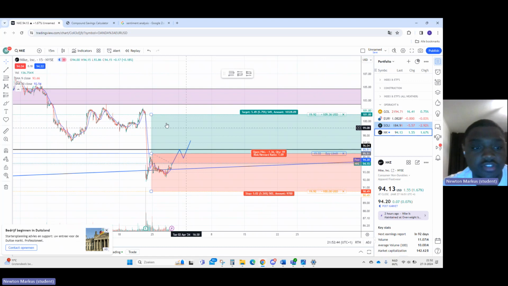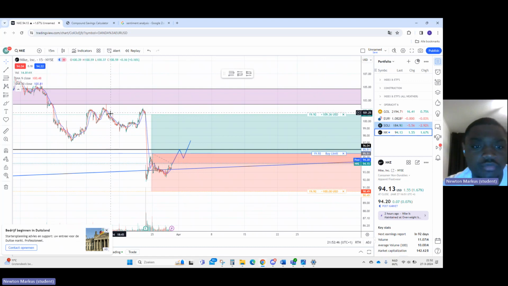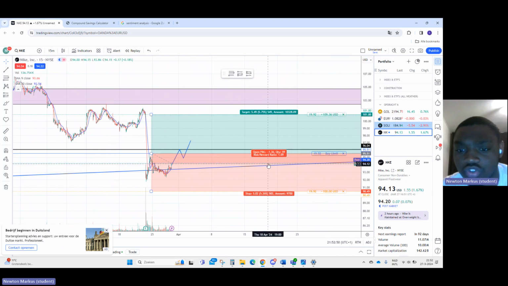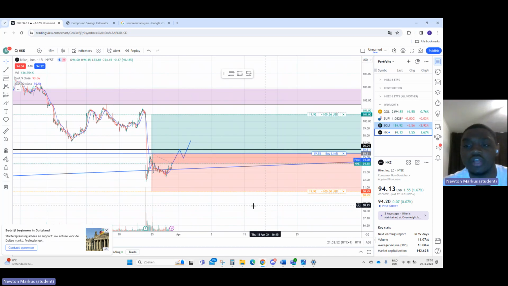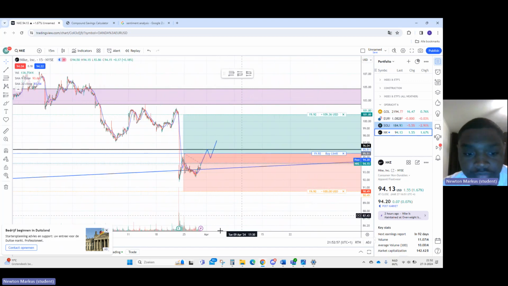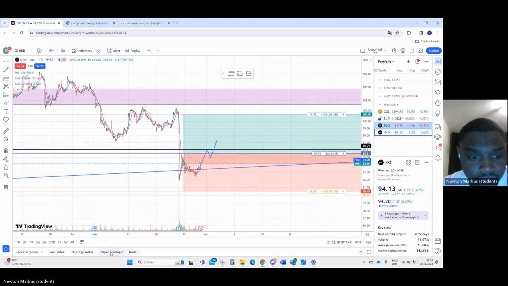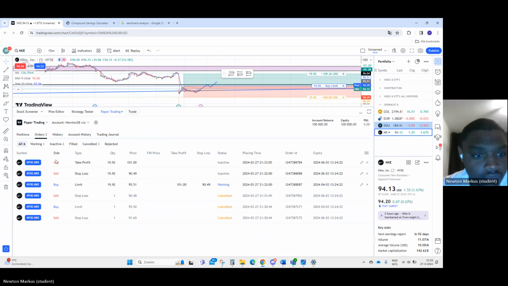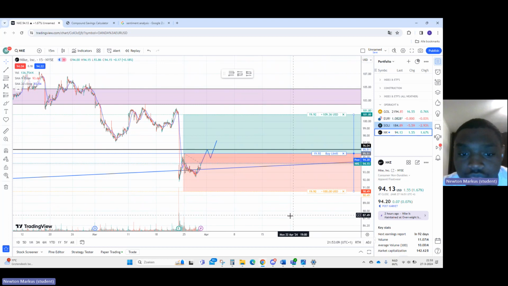And my take profit level is below the previous structure, so it's like a 1.09 to 1. That is my risk to reward ratio.